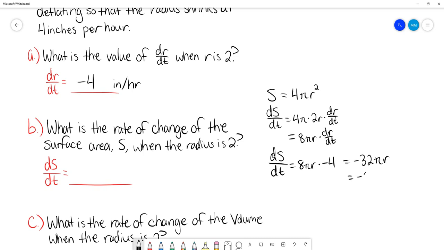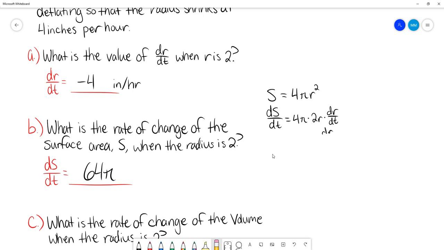So it's just going to be negative 64 pi, is our answer there. If you wanted the decimal version of that, you can type 64 times pi into your calculator, and it'll give you the big long decimal that forms from multiplying by pi. But we don't need that right now.